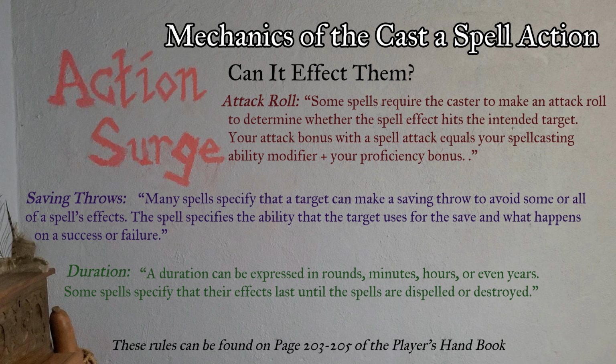Instantaneous effects happen in an instant and therefore cannot be dispelled or destroyed. Their damage is already done. Alternatively, spells with a duration requiring concentration can be ended early by disturbing or harming the caster before the maximum duration is reached. You can read more about concentration spells on pages 203 and 204 of the Player's Handbook.